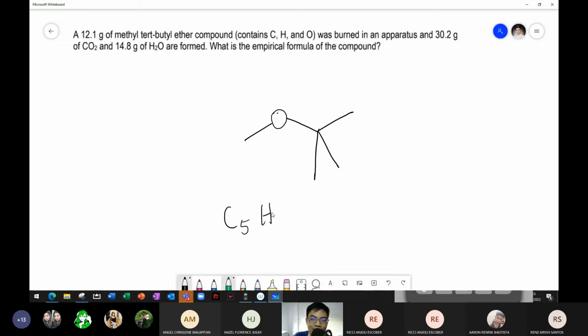H: 3, 6, 9, 12. So, that is its formula, methyl tert-butyl ether. It's easy if you know your orgchem, but if the compound was not named, then we have no choice but to actually use the data.